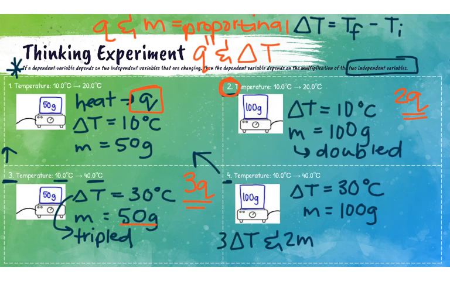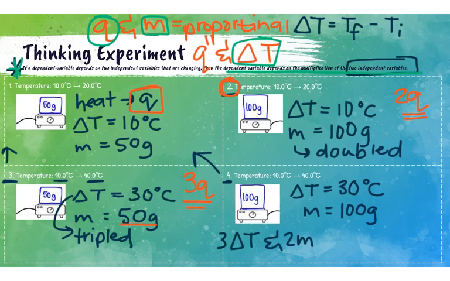So this is why at the very beginning I mentioned this. The dependent variable depends on the two independent. So dependent would be our heat, and our independent variables are mass and change in temperature. So it tells us that the dependent variable depends on the multiplication of the two.